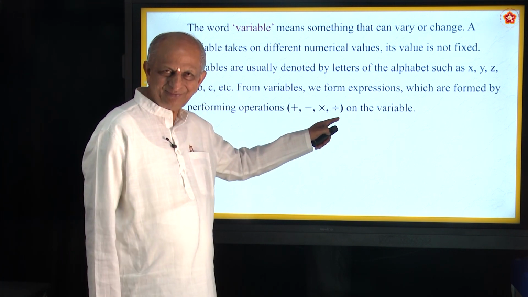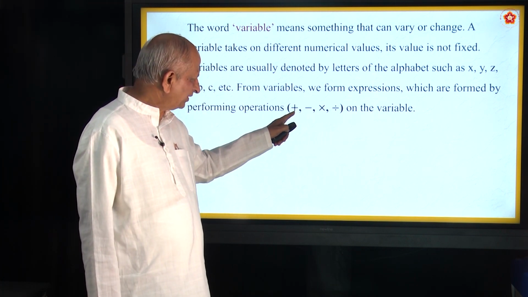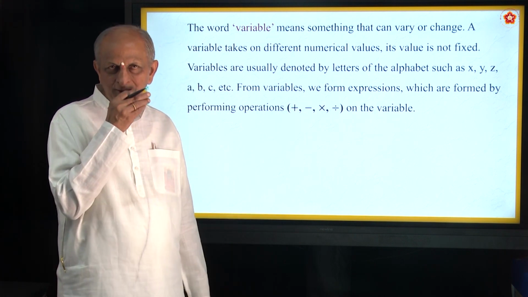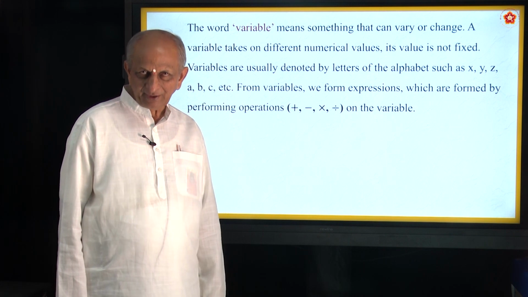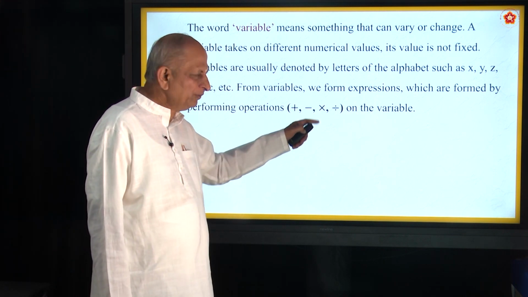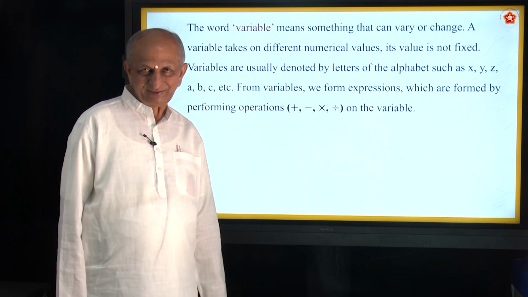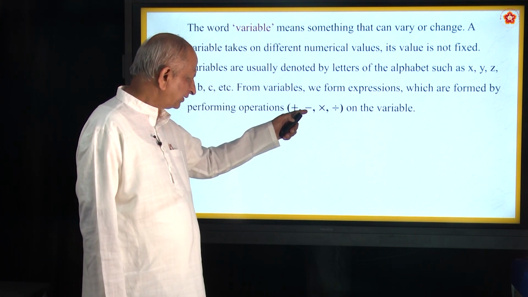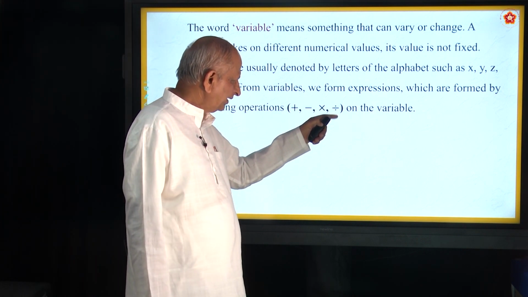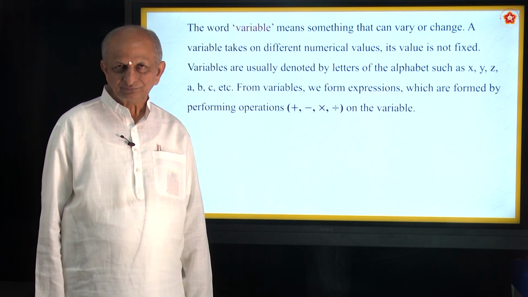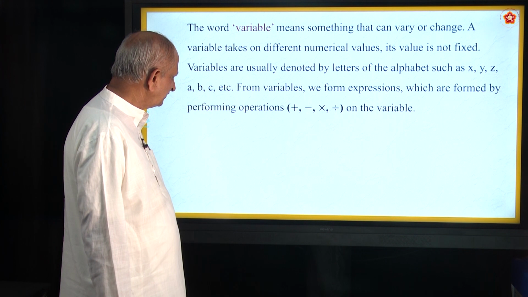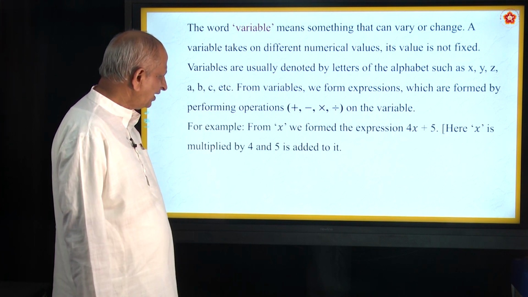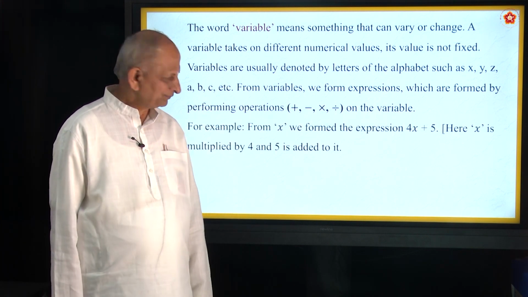Come on, repeat. What is this operation plus called? Addition. Minus, subtraction. Into, multiplication, also called product. Divided by, is it not? So, these are the 4 operations and we get what are called expressions.